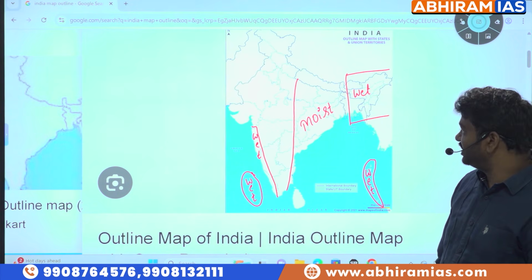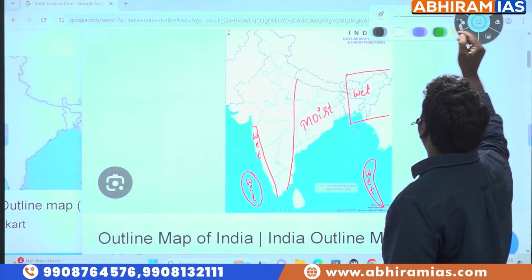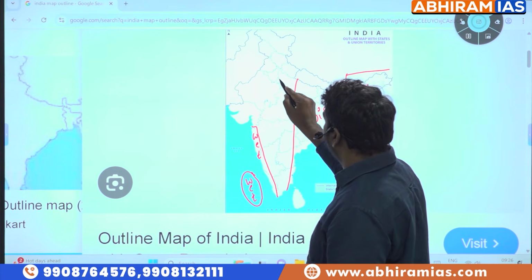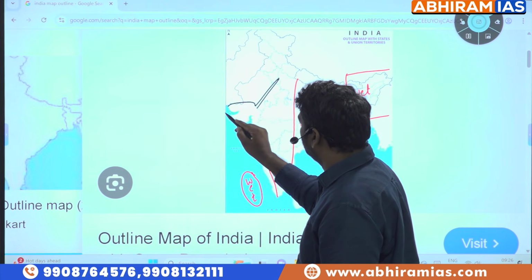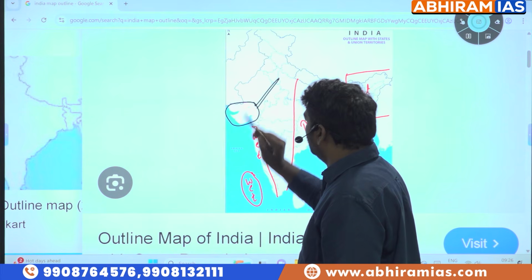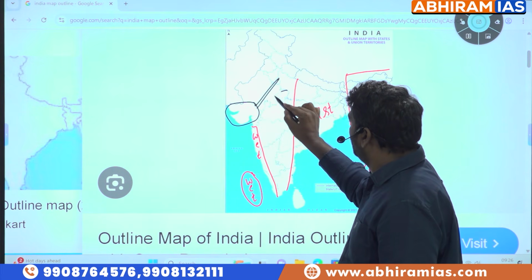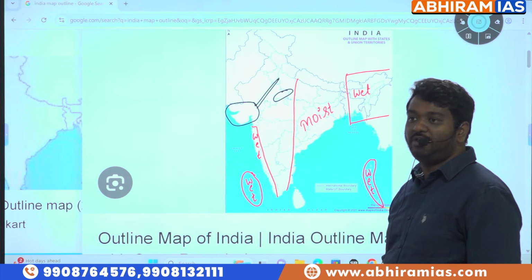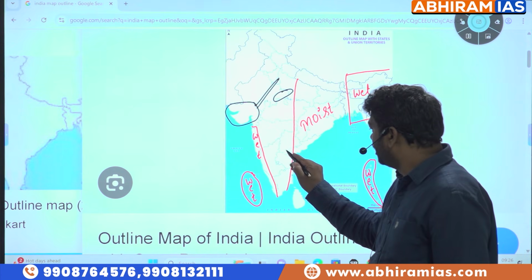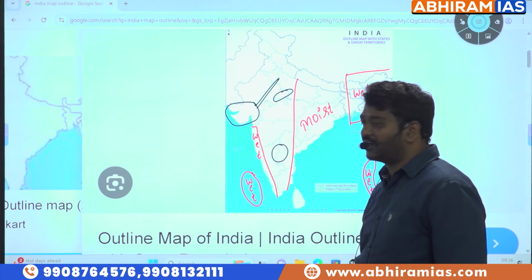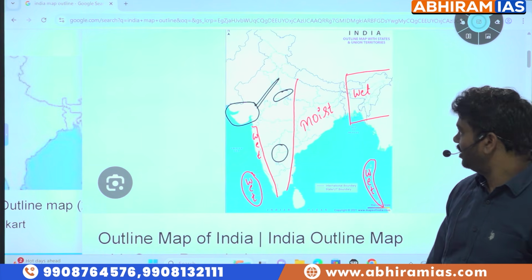Okay, moist deciduous forest. Then guys, please see. Gujarat, Bundelkhand region, parts of Andhra, Karnataka and Telangana. Okay, 3 parts. Which are the 3?